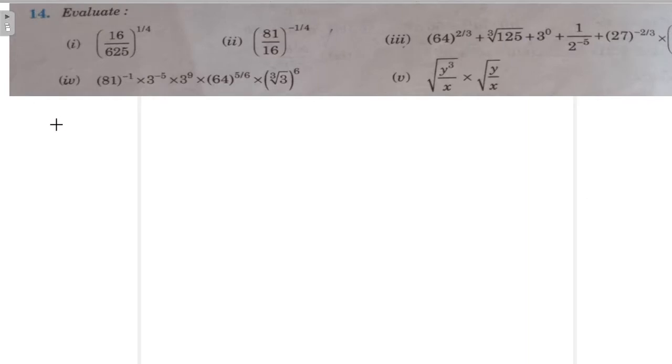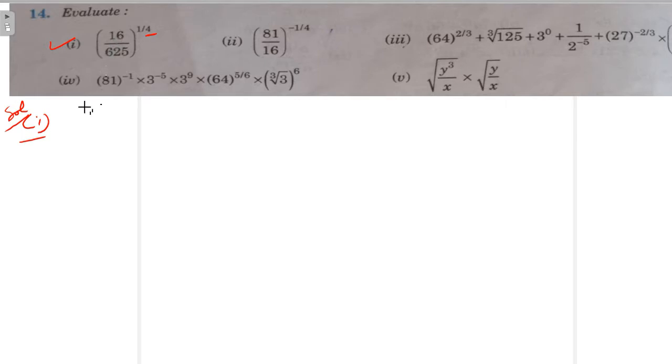Next is 14. Again a big question with certain parts, so we will do it here. Solution of the first part. Here 16 upon 625 is given, and we have to remove this 1 by 4. For that we have to make powers of these two as 4.